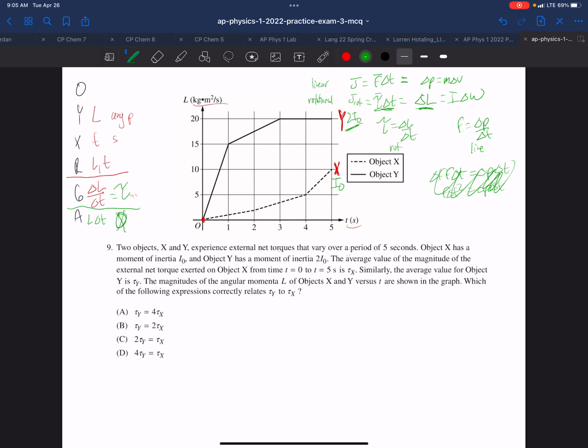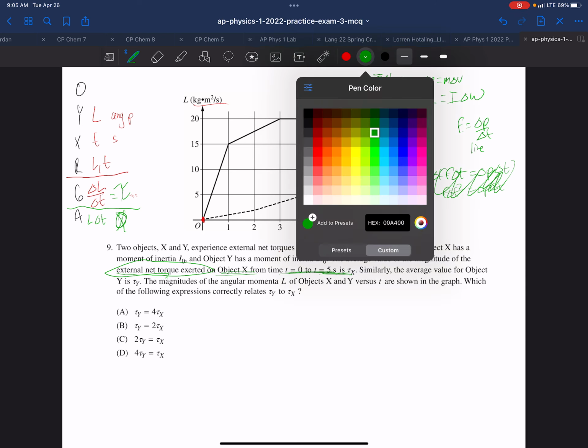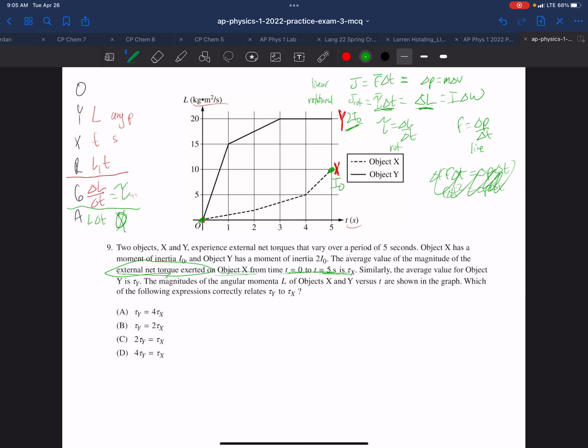All right. The average value of the magnitude of the external torque. Average value. So the average slope on x from time 0 to time 5 is tx. The average torque, well, the average slope would be that green line.